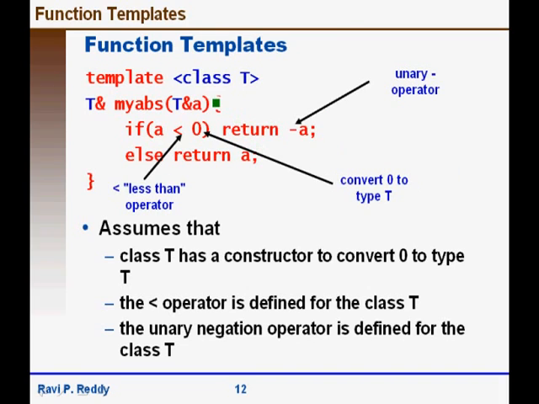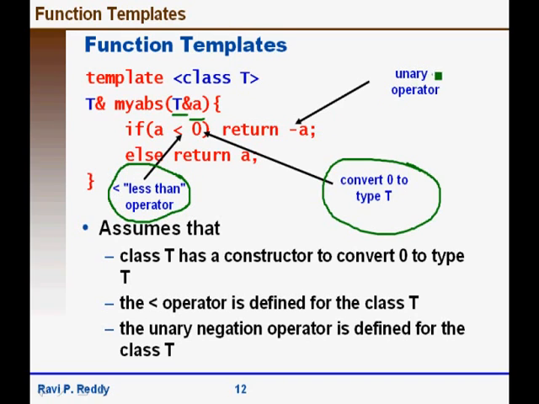Let's look at the class requirements of the function template myAbs. In myAbs we are using two operators. One is the comparison against 0. So this could be either some kind of a function which compares the object of the class T against 0, or it should have some kind of a conversion function to convert a 0 to a type T, along with the function overloaded for the less than operator.